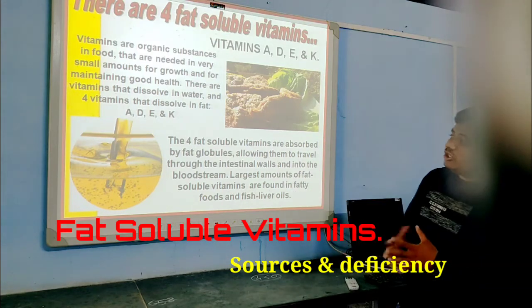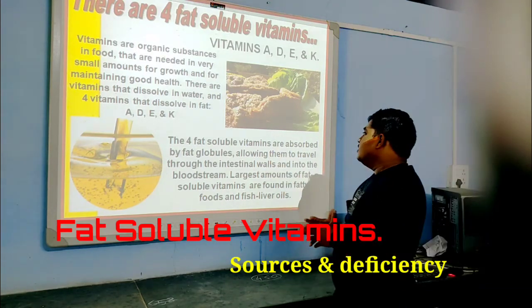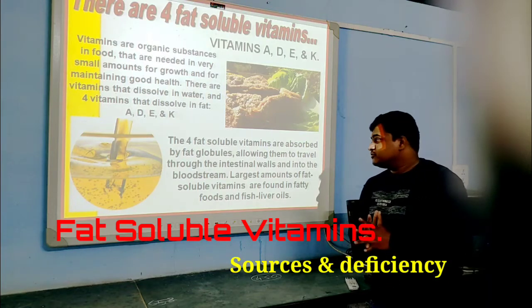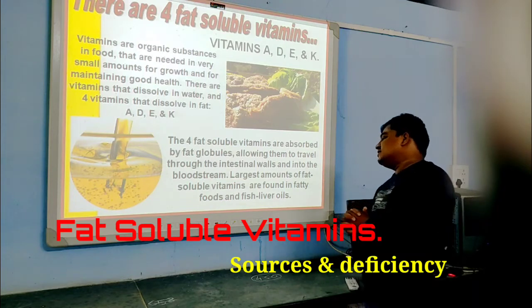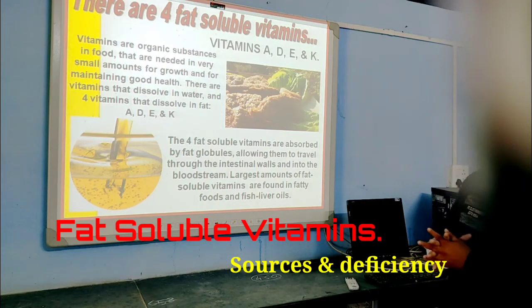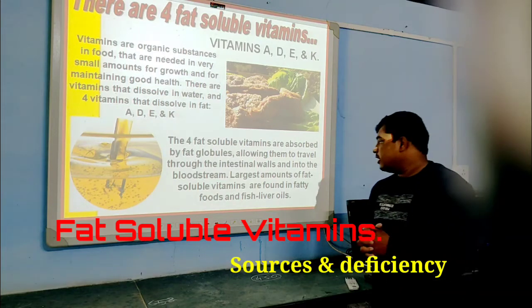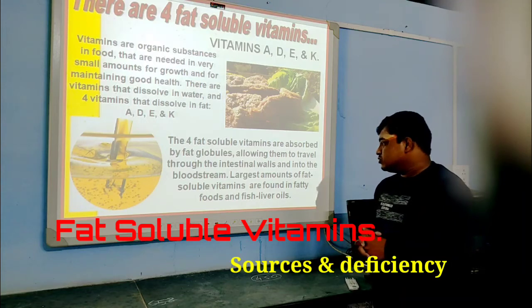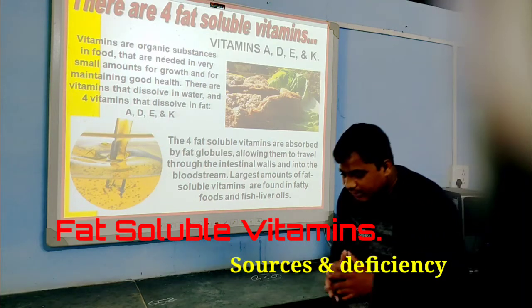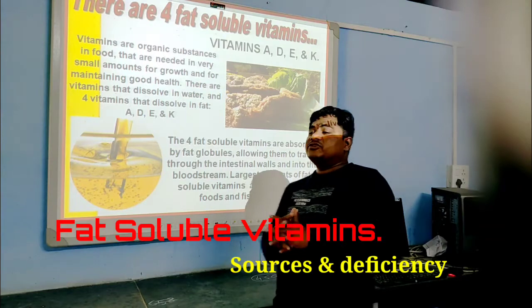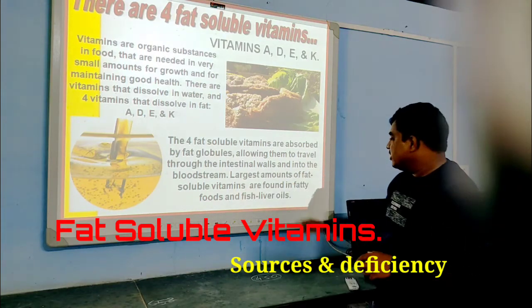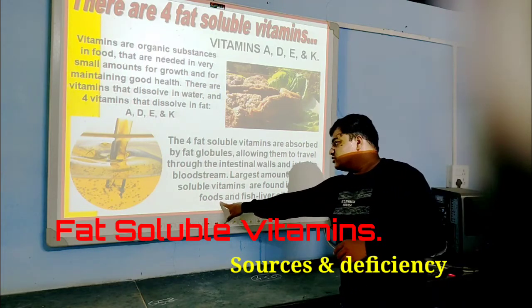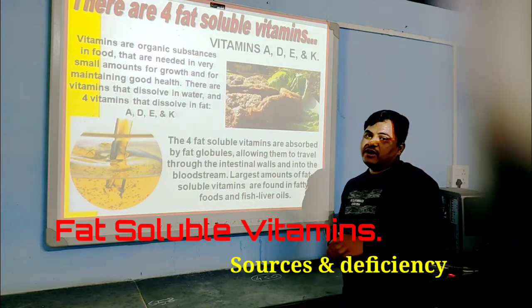The fat soluble vitamins are absorbed by fat globules, allowing them to travel through the intestinal walls and into the bloodstream. The largest amounts of fat soluble vitamins are found in fatty foods, and the main source is fish liver oil.